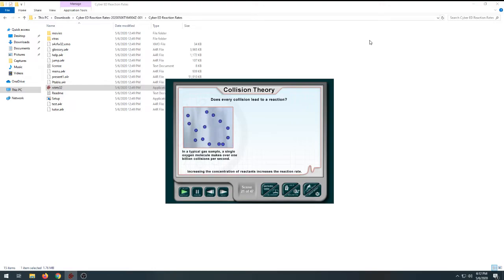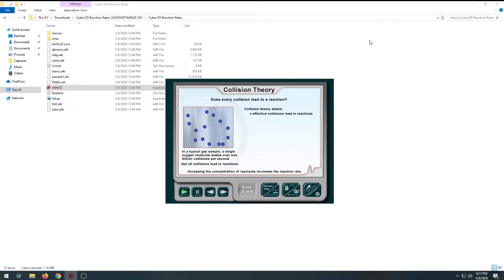If all collisions led to reactions, then reactions between gases would be nearly instantaneous. However, you have seen that many of these reactions are quite slow. Clearly, the mere fact that two gas molecules collide is not sufficient to cause them to react.